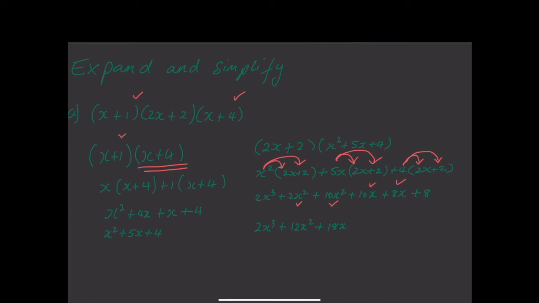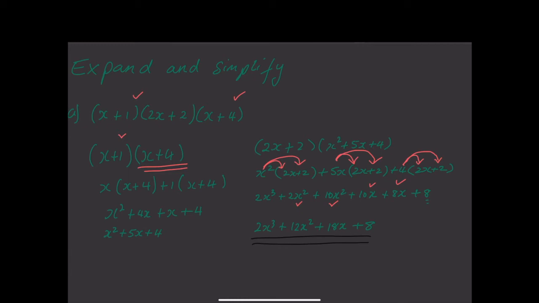And of course, we have our constant value, which is positive 8. So, our answer, when we multiply out our brackets, is 2x cubed plus 12x squared plus 18x plus 8. And what you should do is always check over, because you can make some simple mistakes.